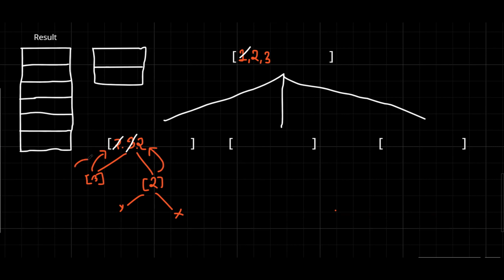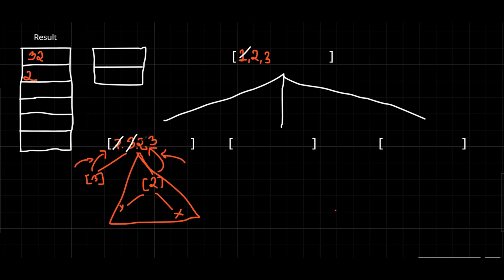Now, for the first return, at first we returned the value 3 and we appended the value 2 at the last of the vector. And for the second return, we are returning the value 2 and at last we have to append the value 3 to the end of the vector because we ignored the value 3 while exploring this path.